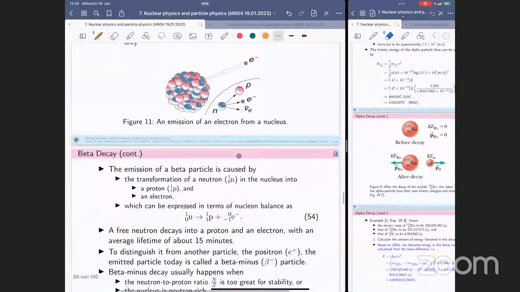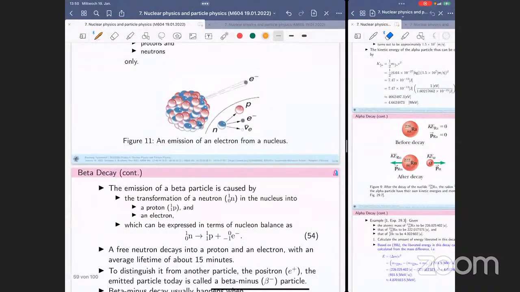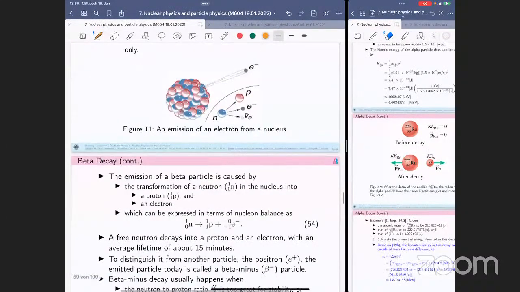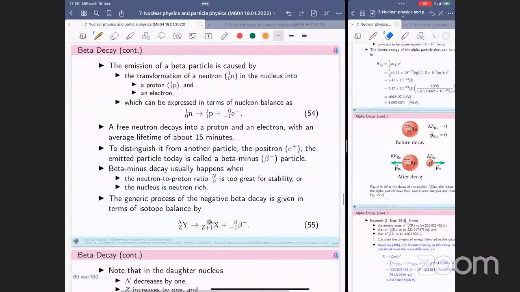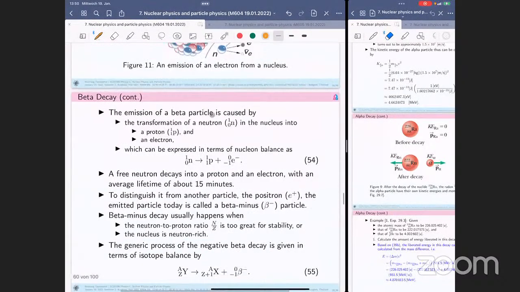So it's no longer element Y, it's another element, let's say element X. But even when you transform a neutron to a proton, the number of nucleons will be the same. So the A number, which is the number of nucleons, will remain the same for this process.